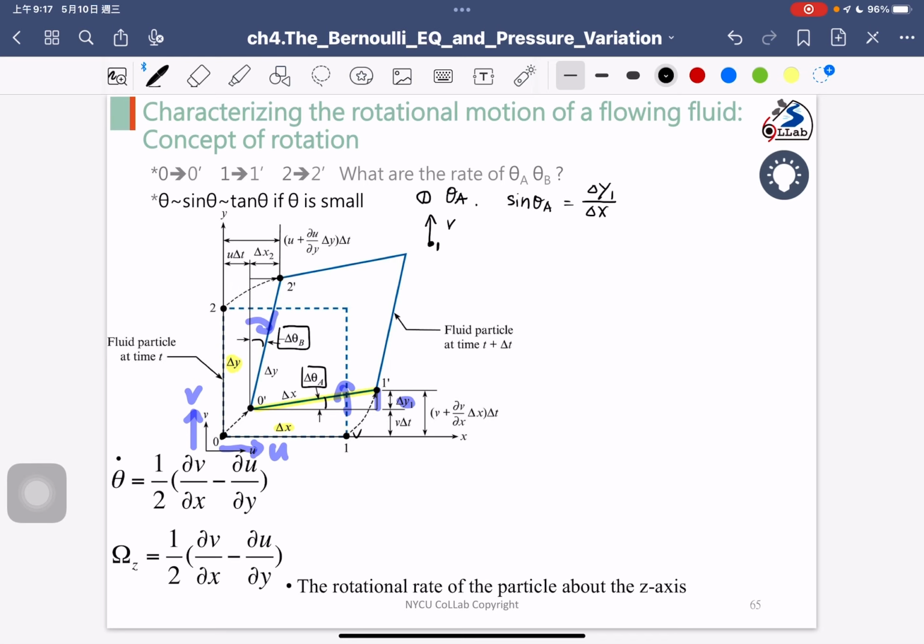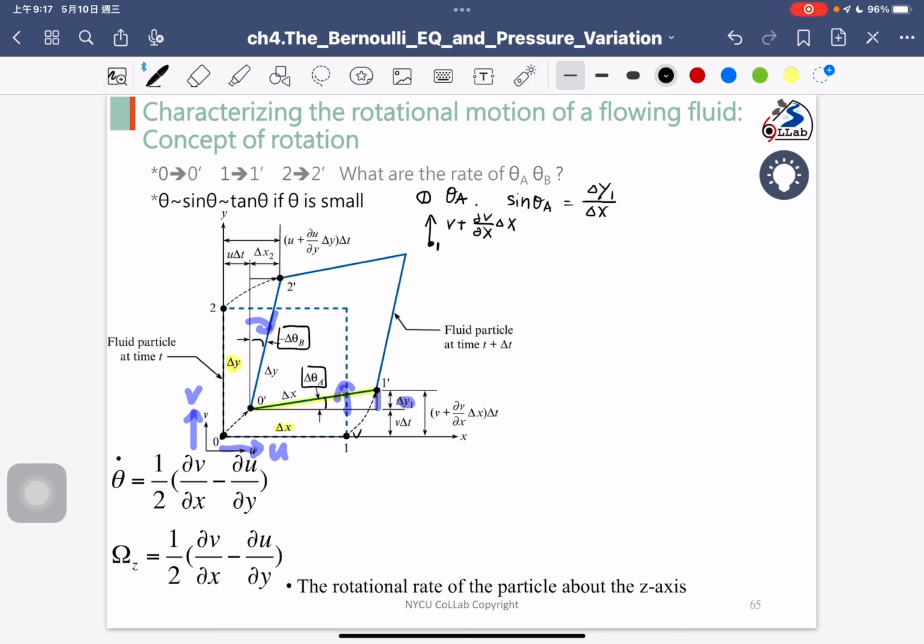Initially the y-axis velocity is v, and I add dv/dx multiplied by delta x. So the velocity at point 1 is v plus dv/dx multiplied by delta x.